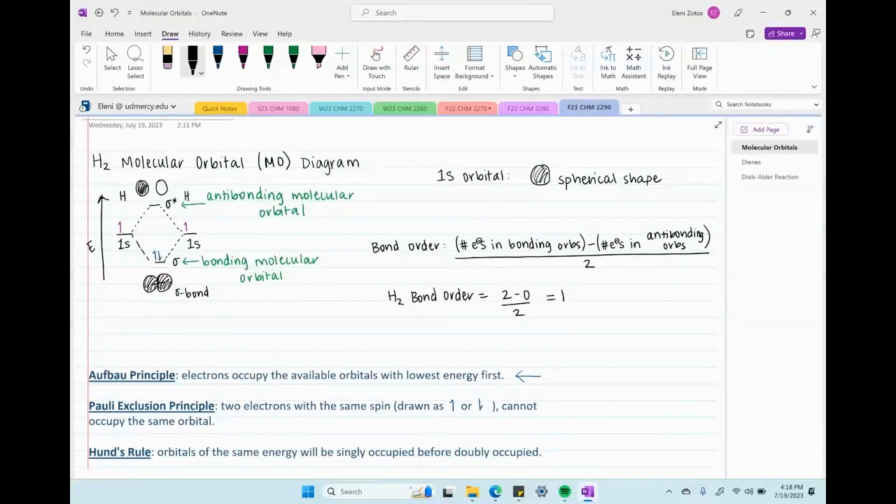Now, typically this aligns with what we would expect for a Lewis structure, which it does for this molecule. If we think about drawing dihydrogen, since each hydrogen atom brings 1 electron, there is a single bond between the 2 hydrogen atoms, so we have a bond order of 1 that represents a single bond.